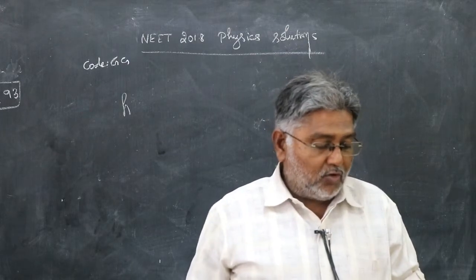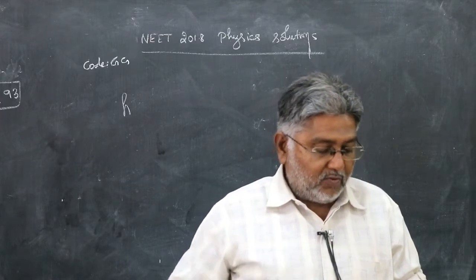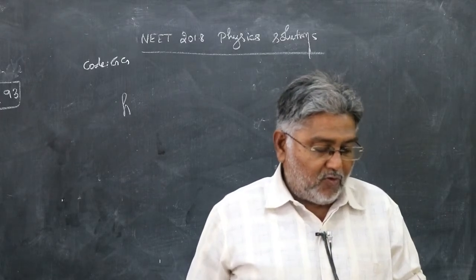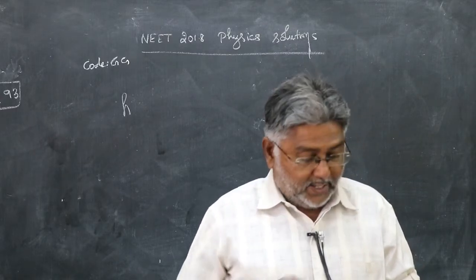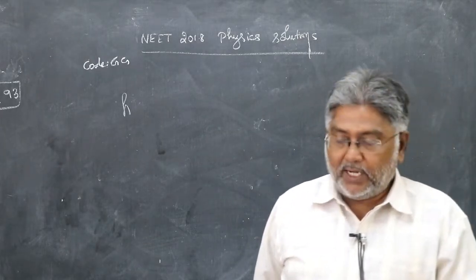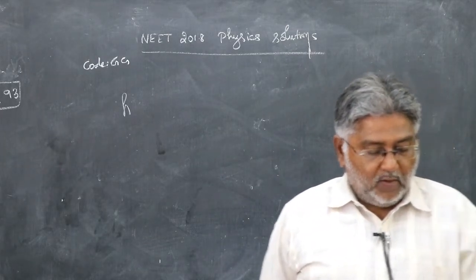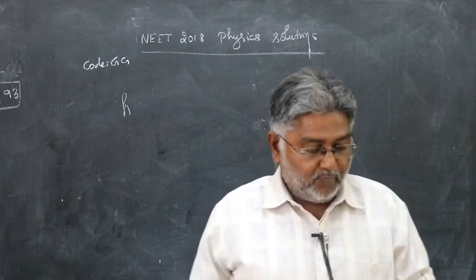A proton is allowed to fall from rest through the same vertical distance h. The time of fall of the electron in comparison to the time of fall of the proton is, 4 options. Option 1, 10 times greater, option 2, equal, option 3, 5 times greater, option 4, smaller.